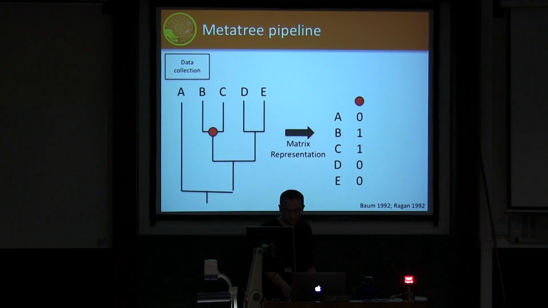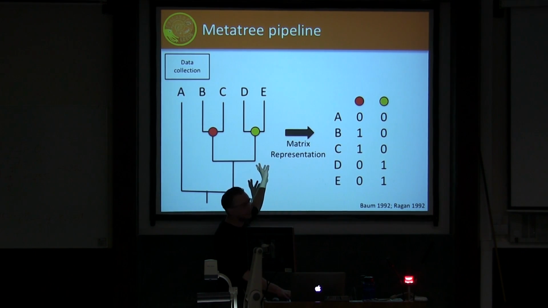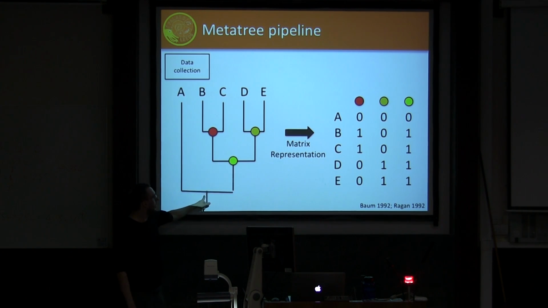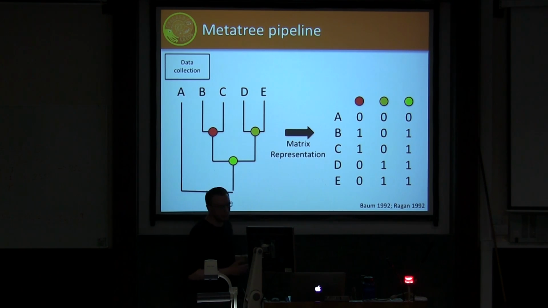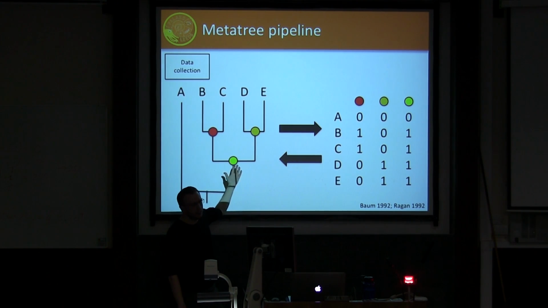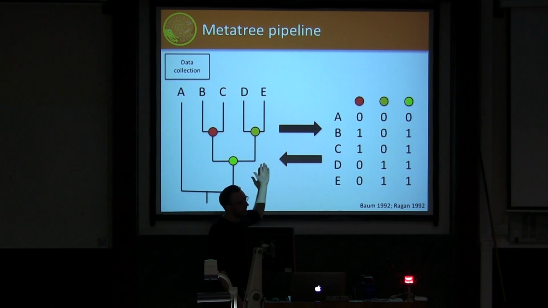Everything else, we'd code 0. We can do the same for the DE clade and for the BCDE clade. We don't need to do it for the root, because everything would be coded 1, so it's an invariant character. It doesn't hold any information. But the idea is simply that if you give this matrix to something like PowerPoint TNT, it will return your original tree, so you're retaining the information in a one-to-one way.